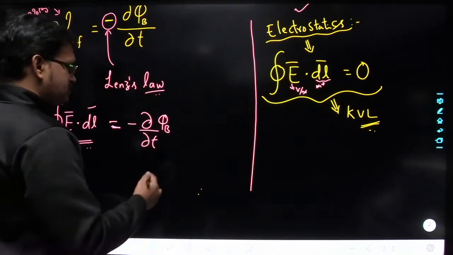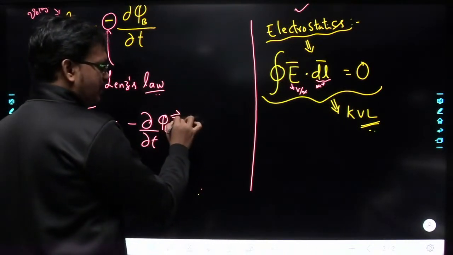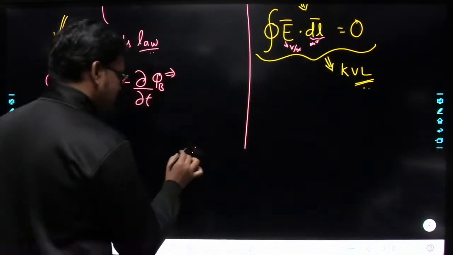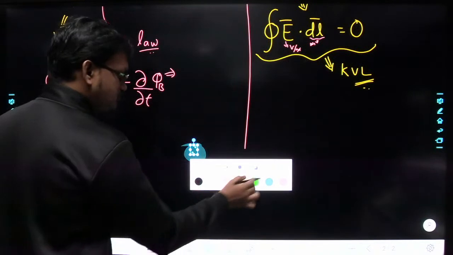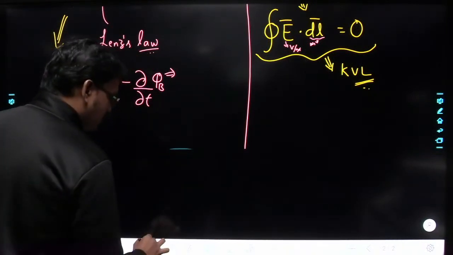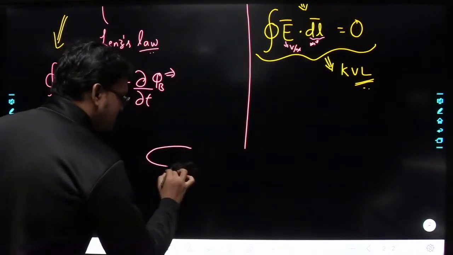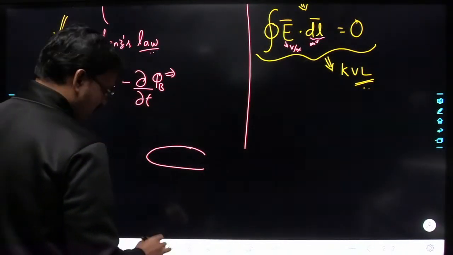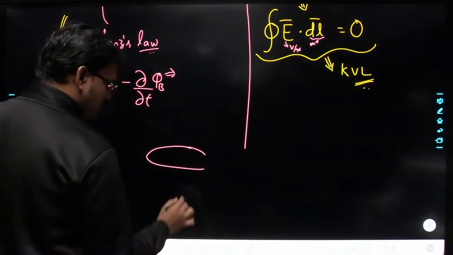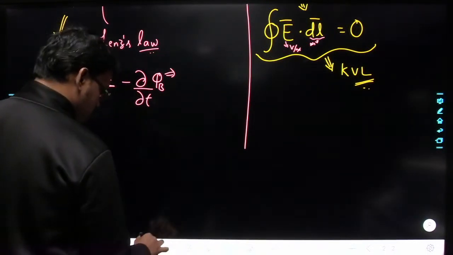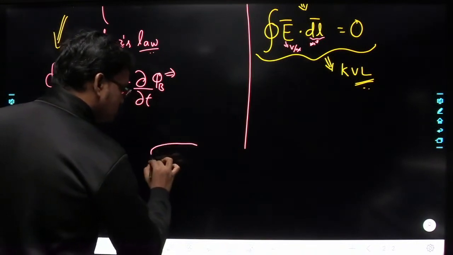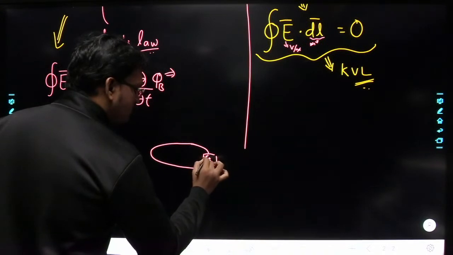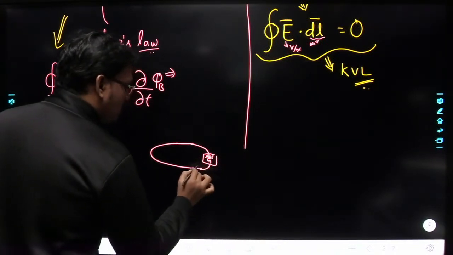How can we represent this phi b? Here I am considering some closed loop, to which we have connected a galvanometer.